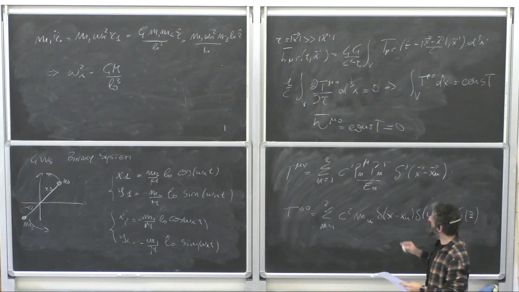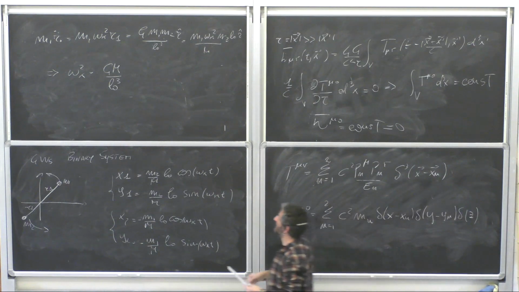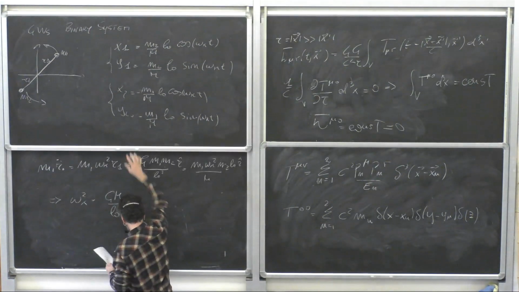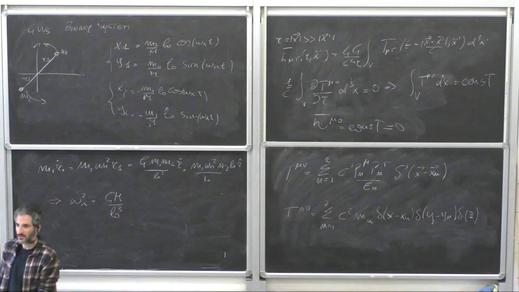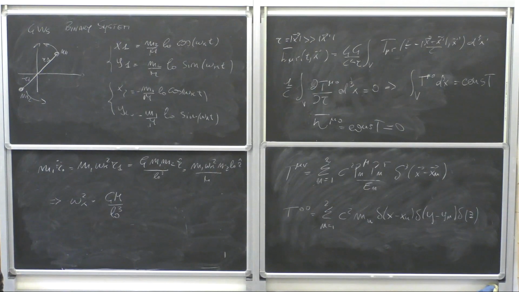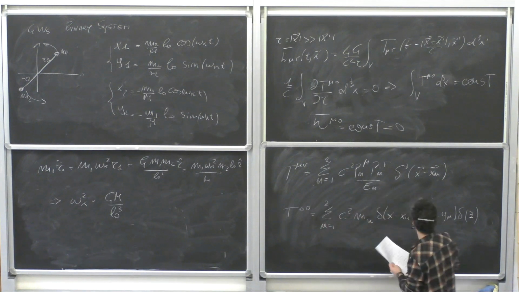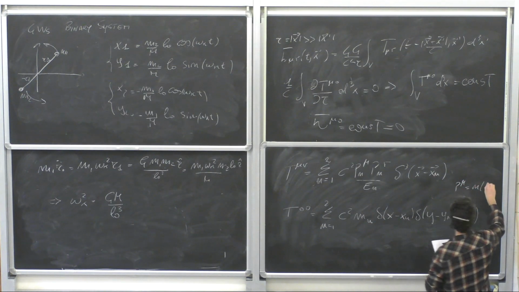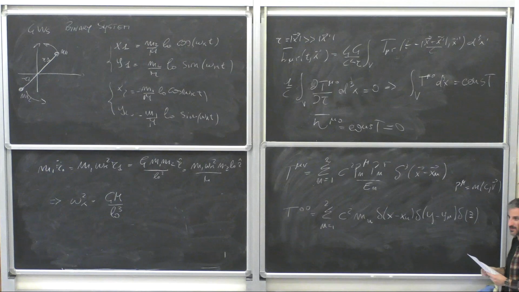Okay, now let's compute the values of Qij. There is, no, this is what the P mu will be, m c gamma v, right?